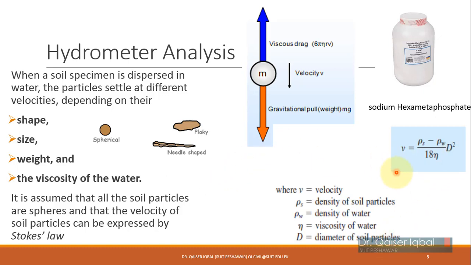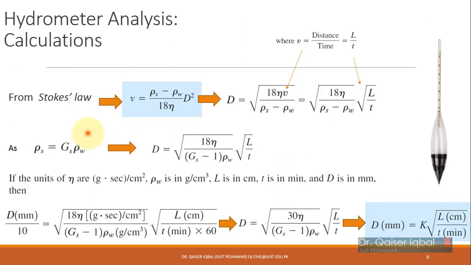So from this equation we can determine later the value of d. As we know from Stokes law, V, or the settling velocity, is equal to the density of soil solids minus density of water divided by 18 into viscosity into d square.